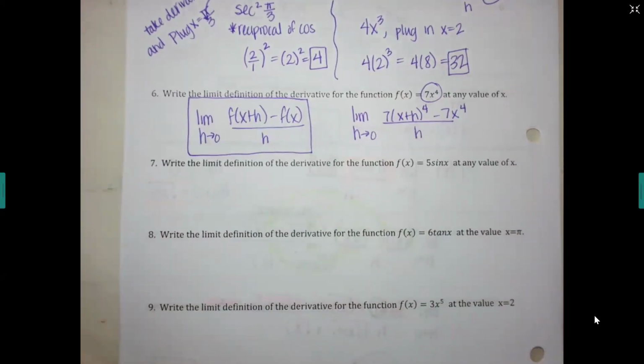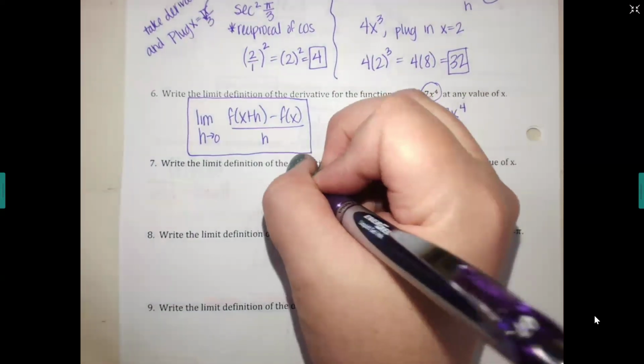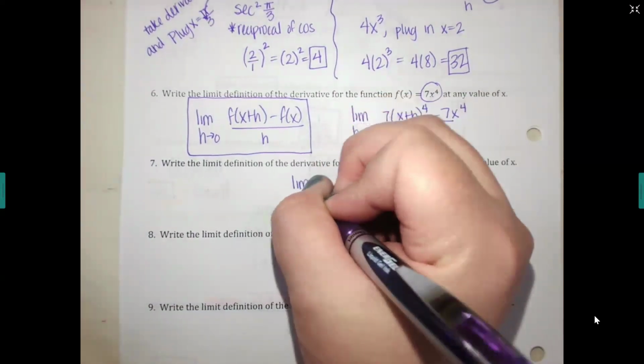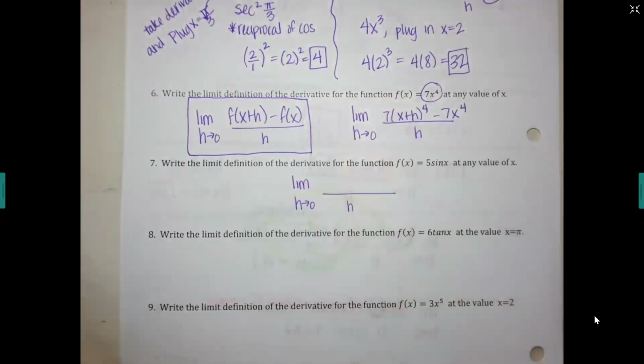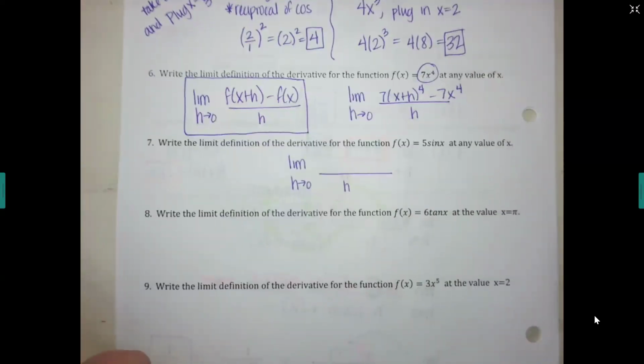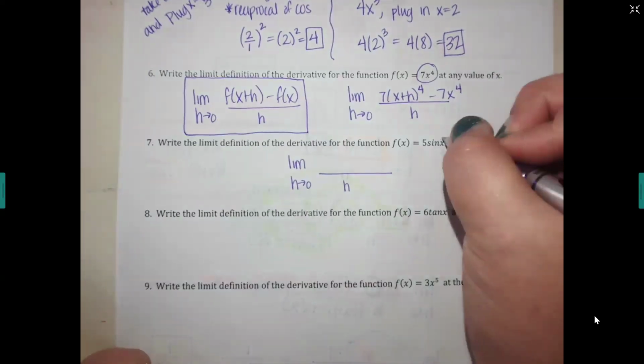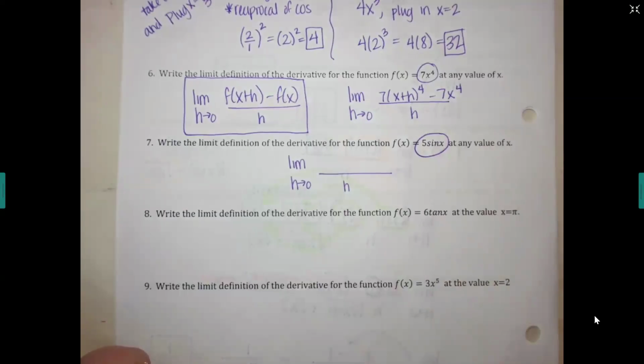So it's going to ask you to write the limit definition of taking the derivative of that function. Let's do one more. Limit, this part never changes, h approaches 0, over h. This time my function is 5 sine x. Where does 5 sine x go? Before or after the minus?